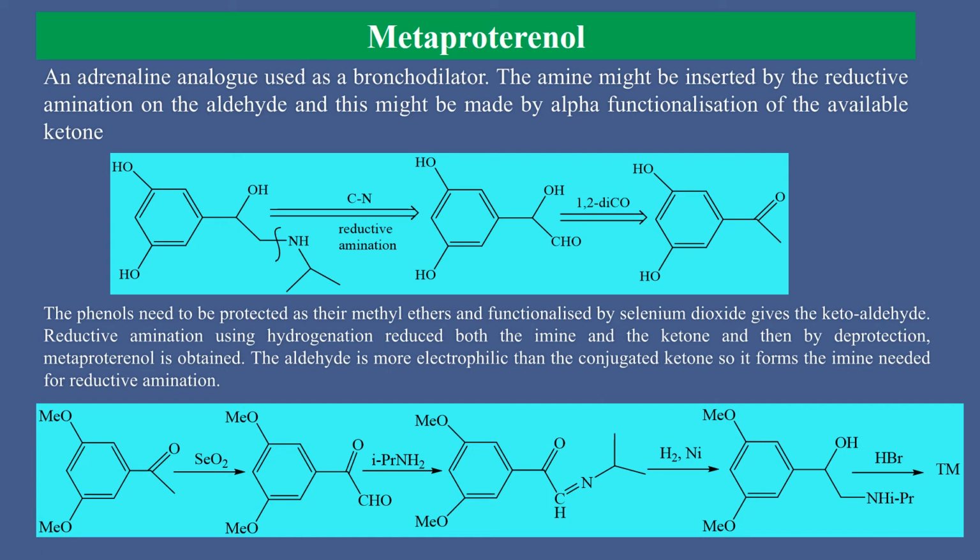Here we have this secondary amine, and we know the very basic rule that the disconnection must be done from the heteroatom. When it is disconnected from here, this will be the nucleophile, and this carbon must be an electrophilic carbon.